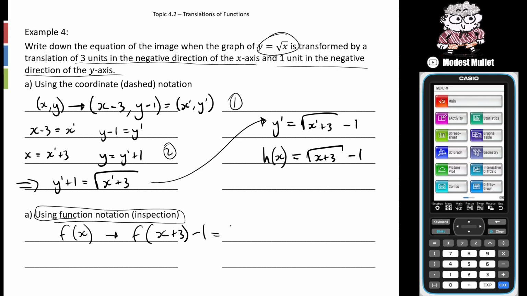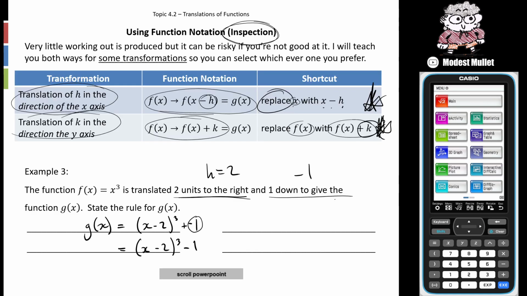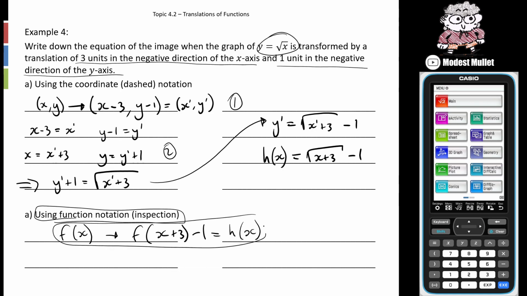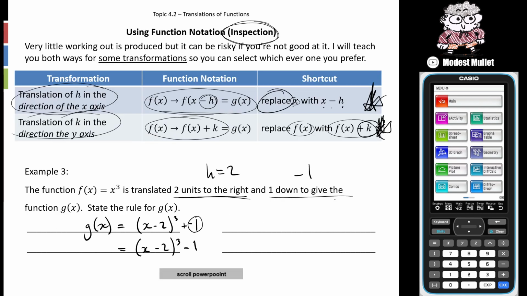That's our mapping, and that's going to be our new function h of x. So our shortcuts, you don't even need to worry about writing this notation. I just wanted to show you the equivalence between these two, okay, and importantly that this is different because of the minus, but we're working on our 2 shortcuts over here at the right. Okay, these are the key things.